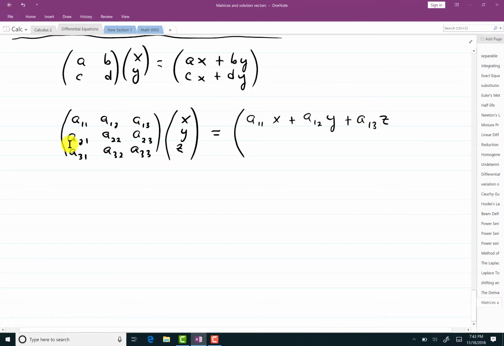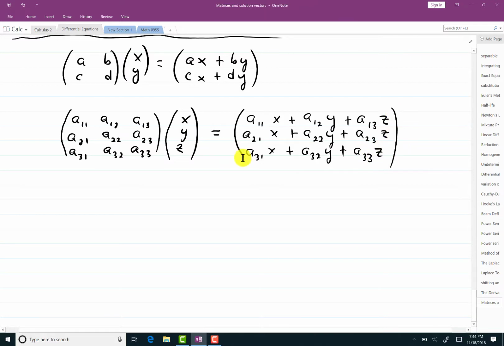And then I go to the next row and do the same thing over again. So a21 times x, a22 times y, and a23 times z. And finally, the third row matches with that column as well. a31x plus a32y plus a33z.